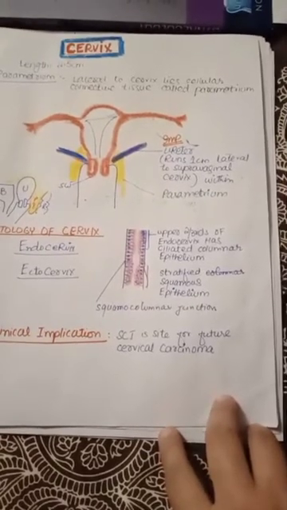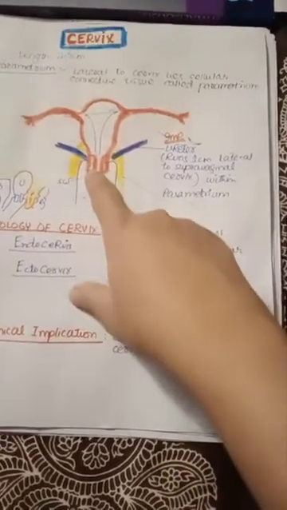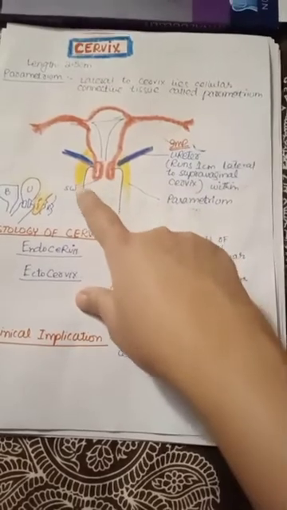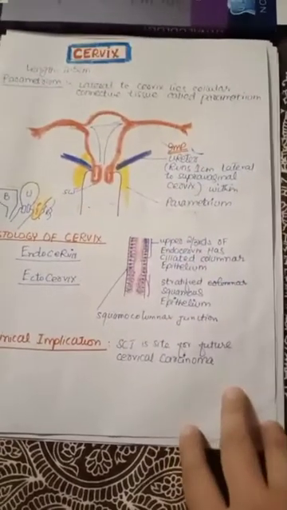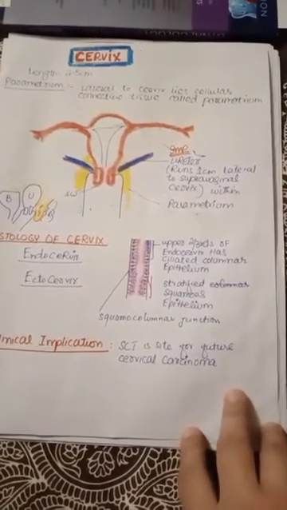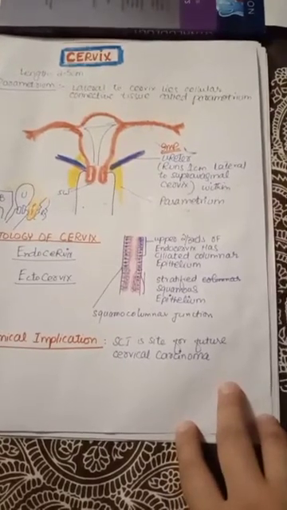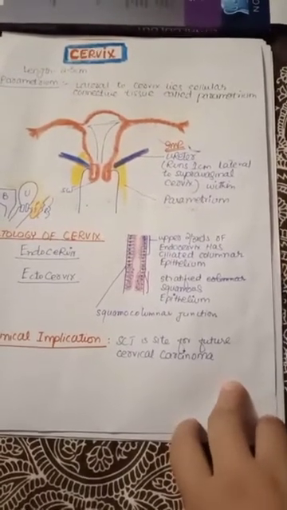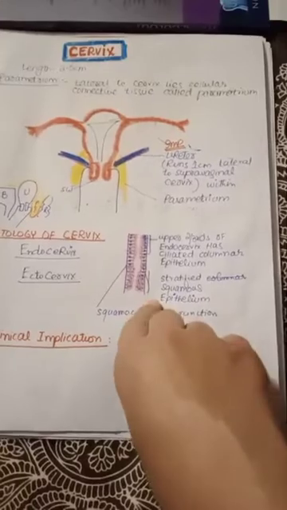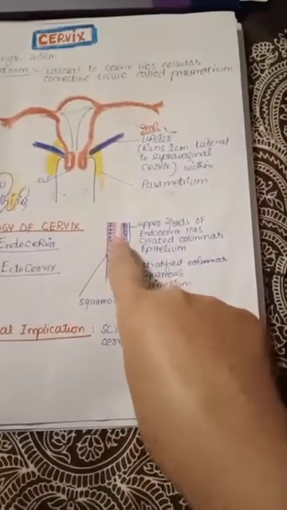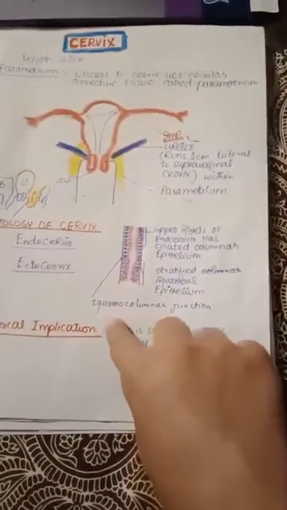The ectocervix, as you all know, is in continuation with the vagina and is exposed to the environment, so it is stratified squamous epithelium. And at the junction of the endocervix and the ectocervix, there is the squamocolumnar junction.